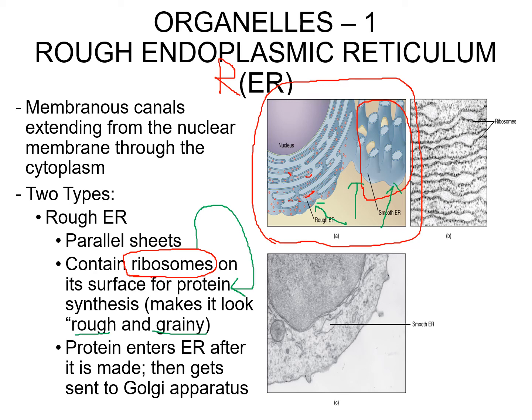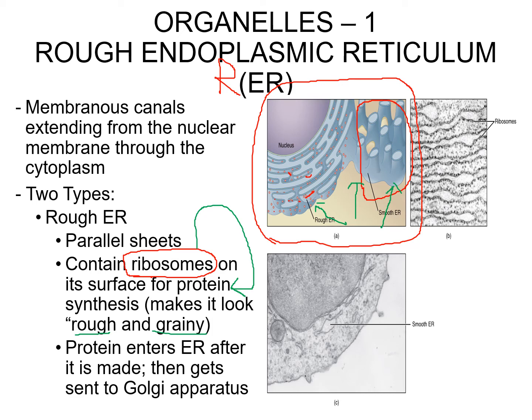So what the rough ER does is indirectly help with the making of the proteins, because the ribosomes are what make the proteins, and the ribosomes are on the rough endoplasmic reticulum. But what the RER really does is help with that folding process. So remember, back to chapter 2, we had that primary, secondary, tertiary, quaternary folding of the amino acids.